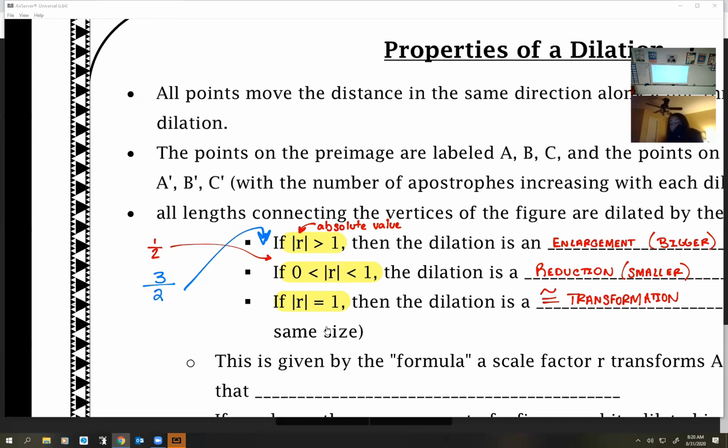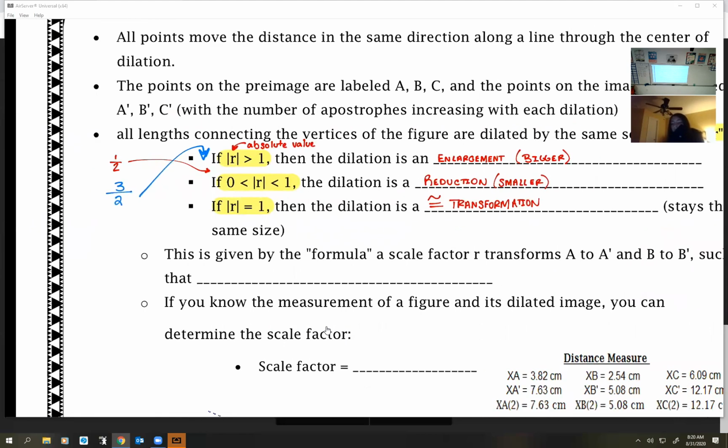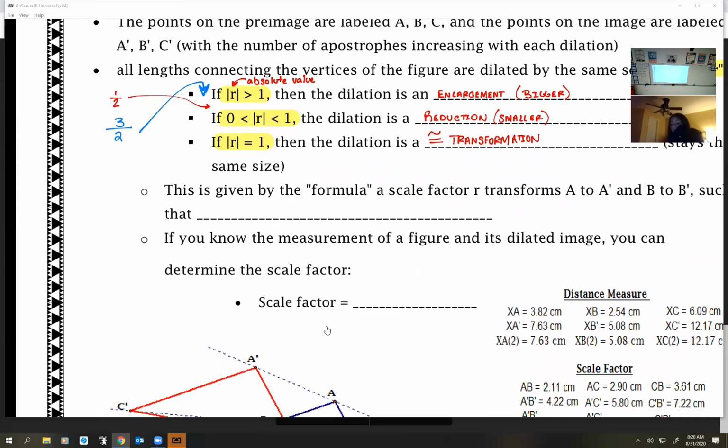Okay? So we've got a formula. So we'd say A prime. So basically our image, let's just say A prime, B prime, is equal to the absolute value of our scale factor. Can y'all tell that's an R, maybe?